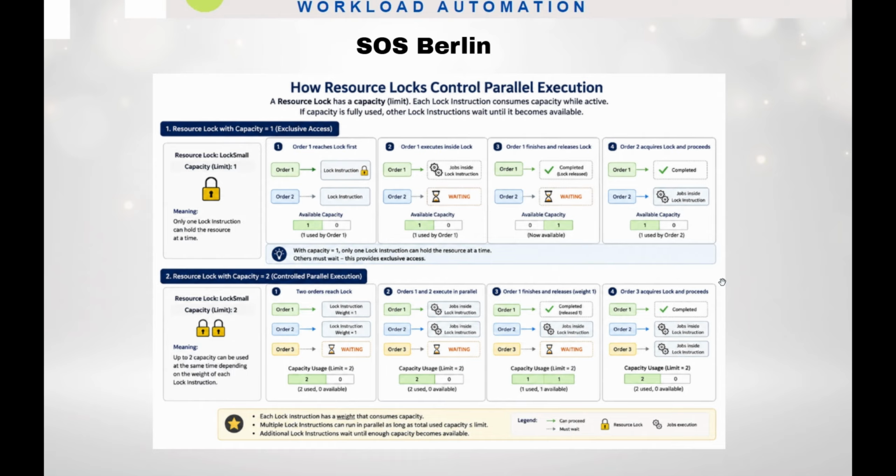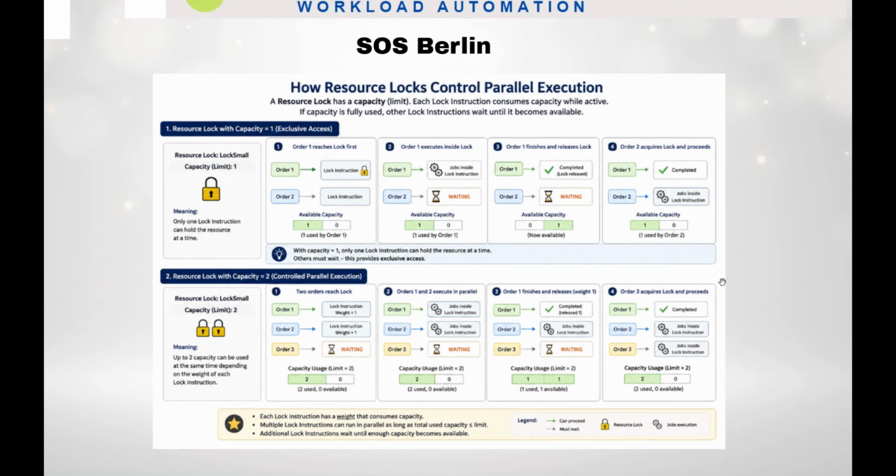This effectively provides exclusive access because only one lock instruction can hold the resource at a time. Now let's look at a resource lock with higher capacity. For example, our lock small resource lock has a capacity of 2. This means that, depending on the weight configured for the lock instruction, multiple lock instructions can use the same resource lock at the same time, as long as the total consumed capacity does not exceed the configured limit.